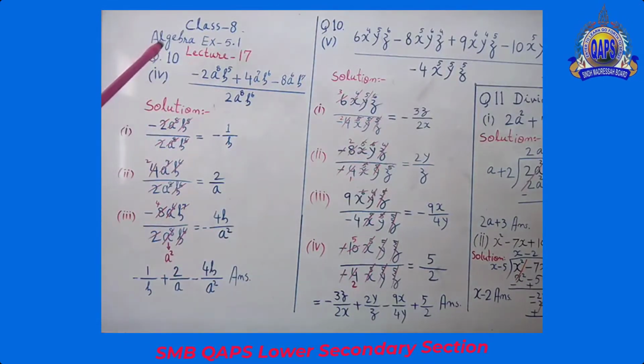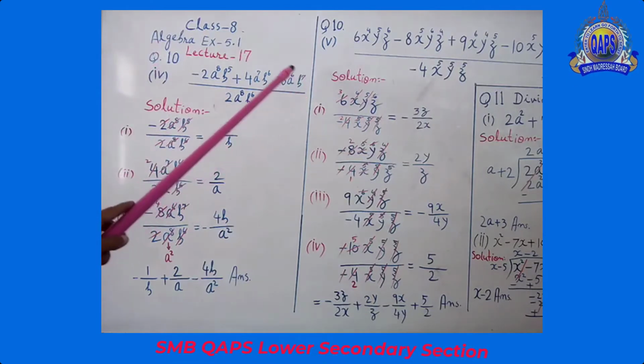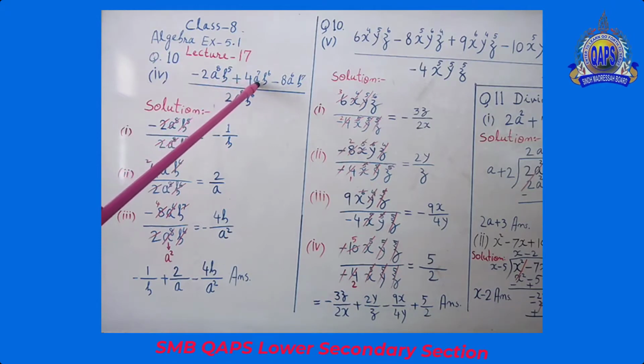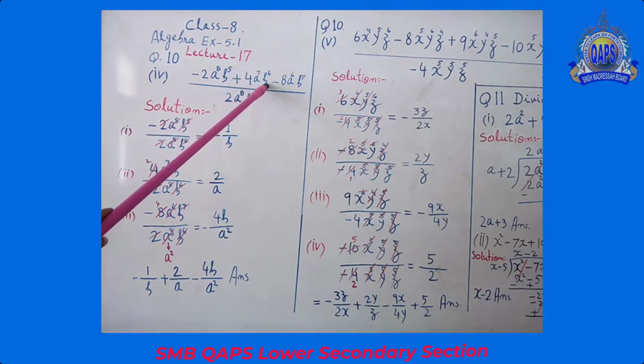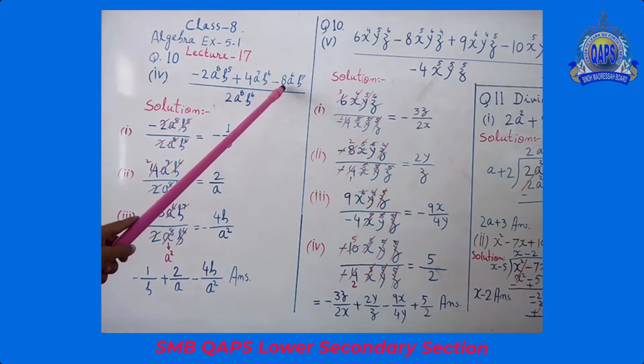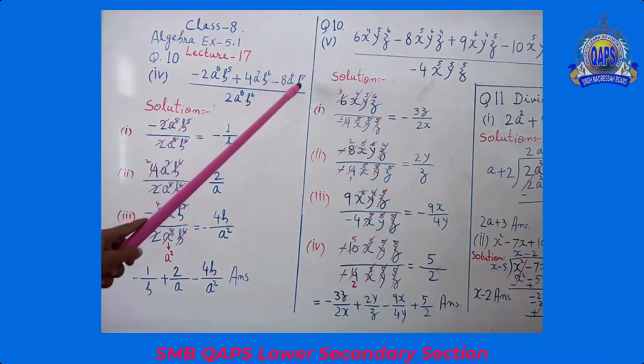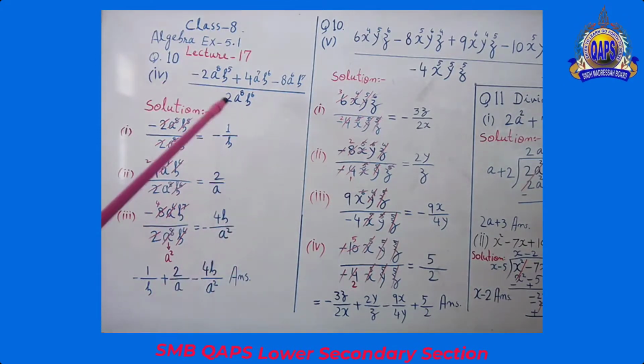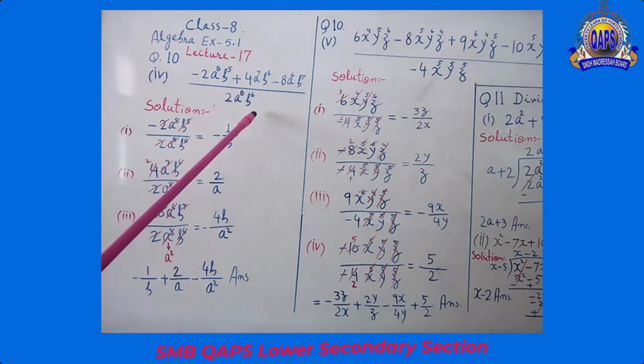The topic is division of algebraic expressions. Minus 2a^8b^5 plus 4a^7b^6 minus 8a^6b^7 upon 2a^8b^6.